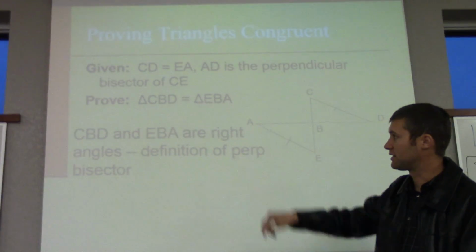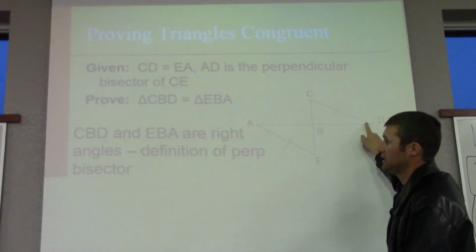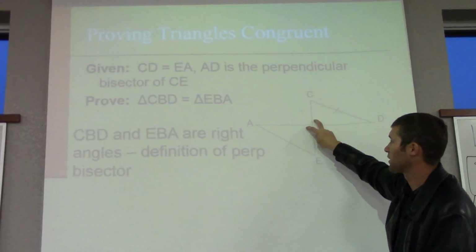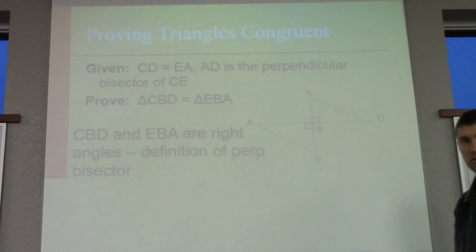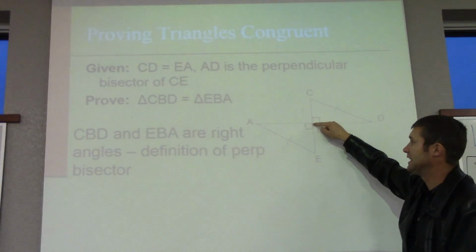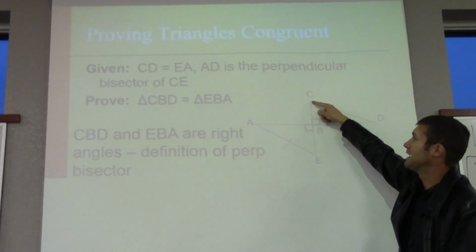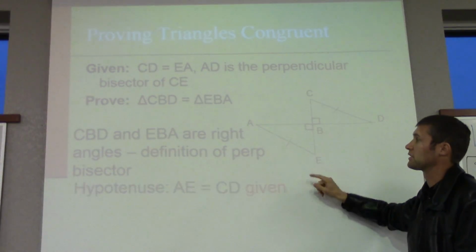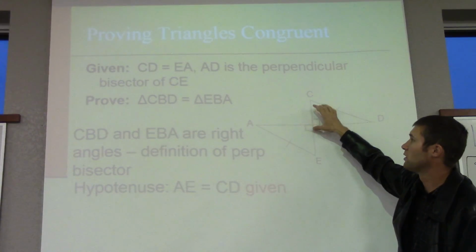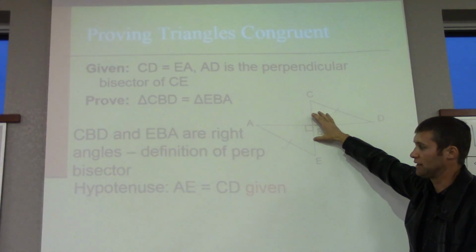So we know that CBD and EBA, these two angles right here, are right angles because that's the definition of perpendicular. Next, we know that EB and CB are equal because that's what it means to bisect something. So I know that these two are congruent right here.